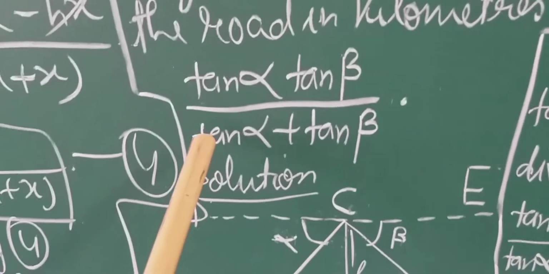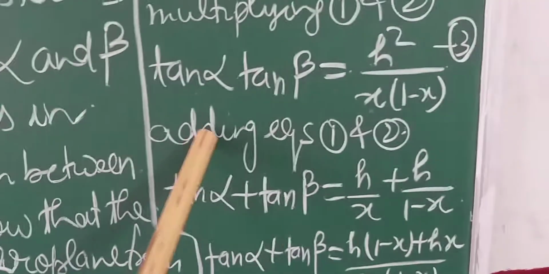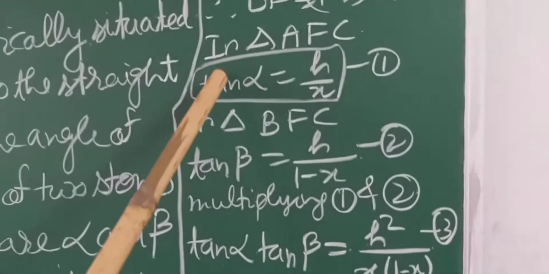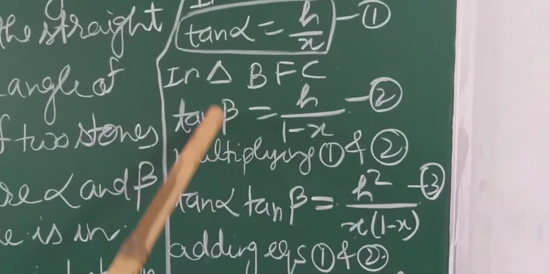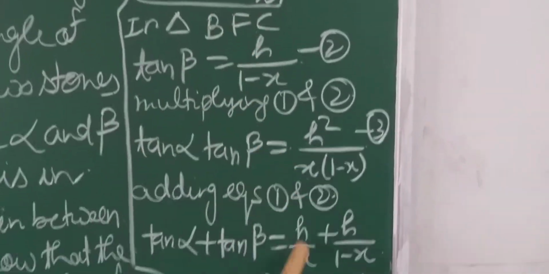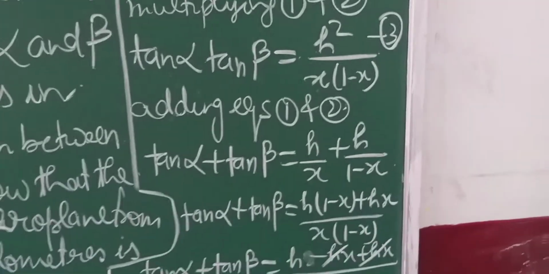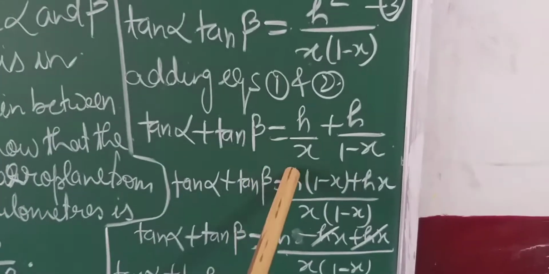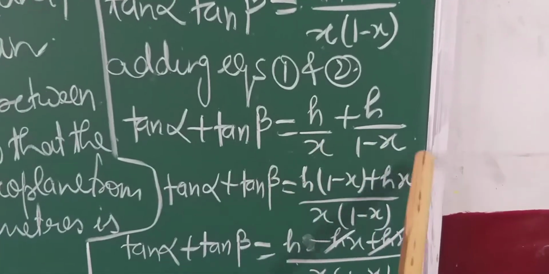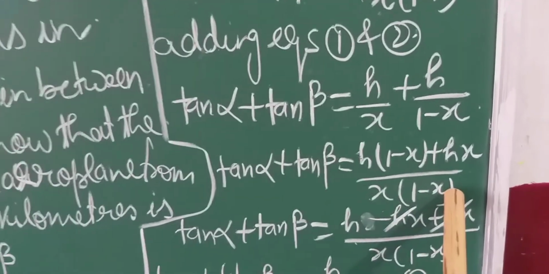Student, we need the sum of tan alpha and tan beta. That's why adding equations 1 and 2. So tan alpha plus tan beta equals to h upon x plus h upon 1 minus x. Now student, to add these two values, we have to take LCM. LCM is x, 1 minus x.